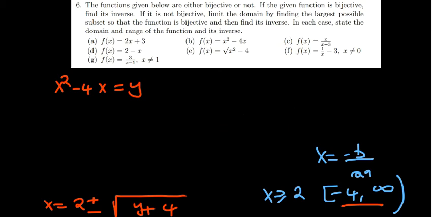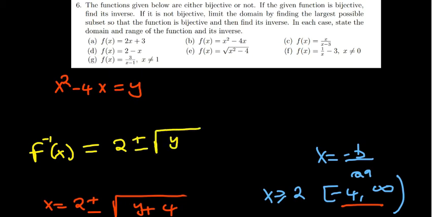So you present your inverse function in this form instead. Of course, we have to put an x back where this y. Now we don't have to put plus or minus.